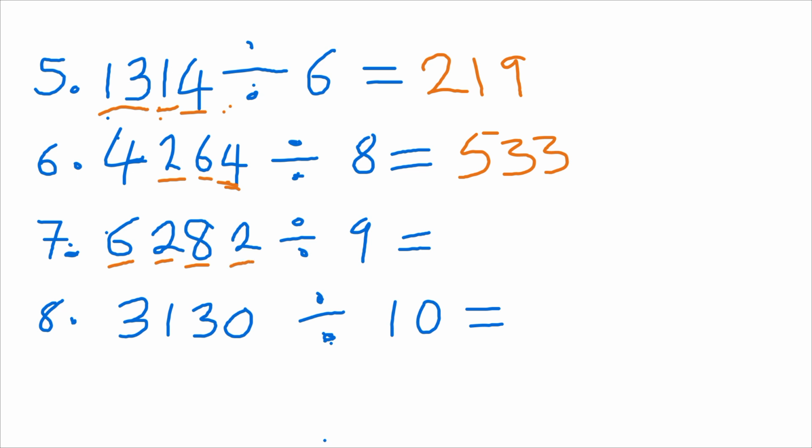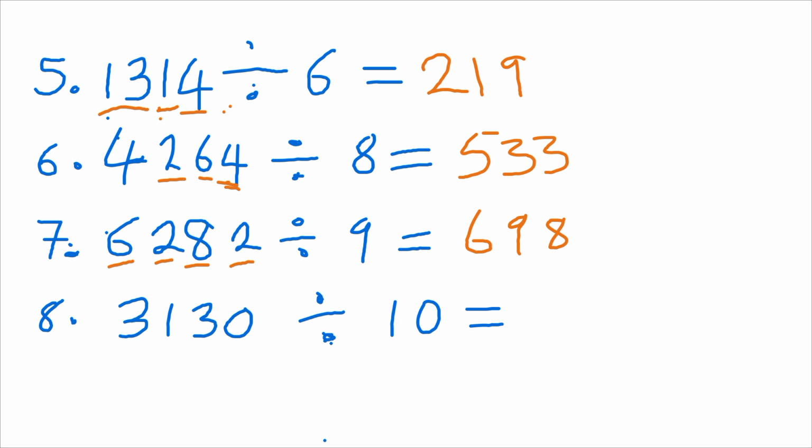And 18 can divide 9 without any remainder. So that tells you that 6,282 can divide 9. And 6,282 divided by 9 will give you 698. So that is it.